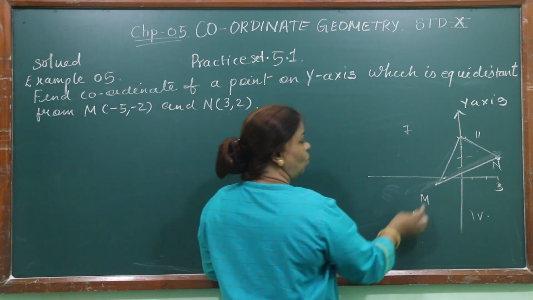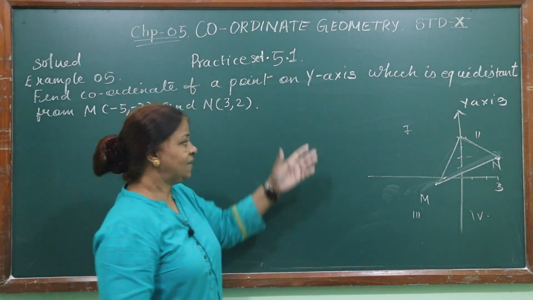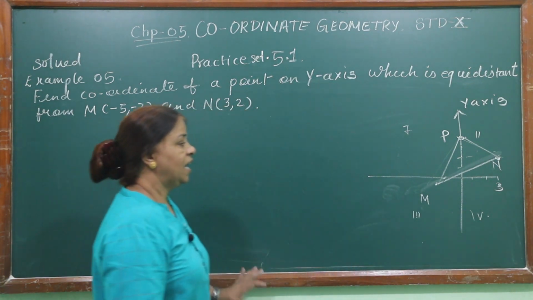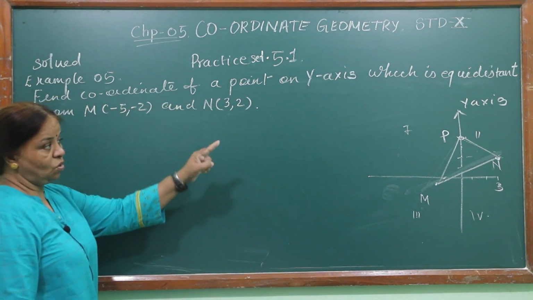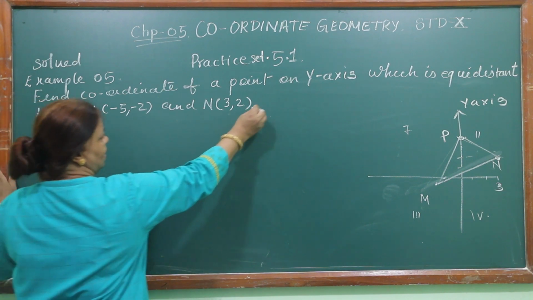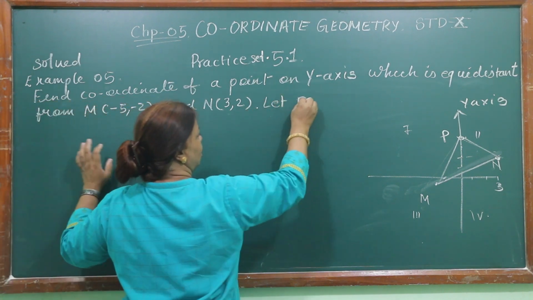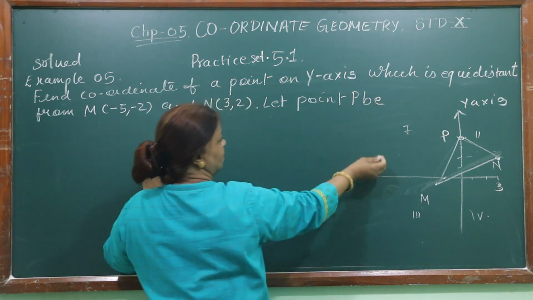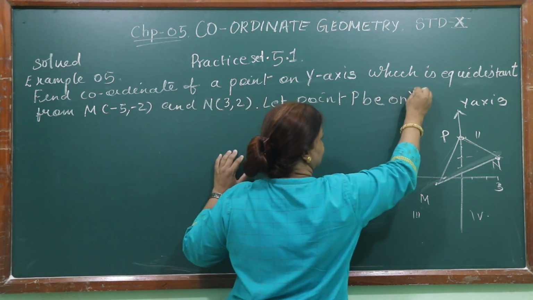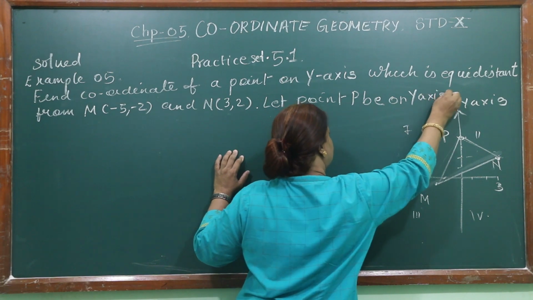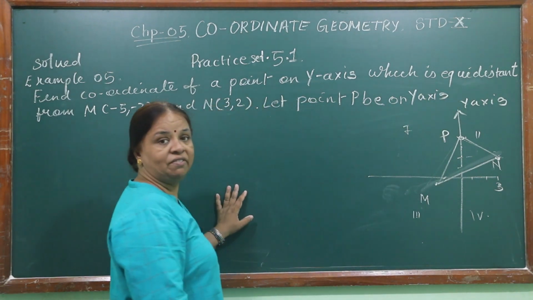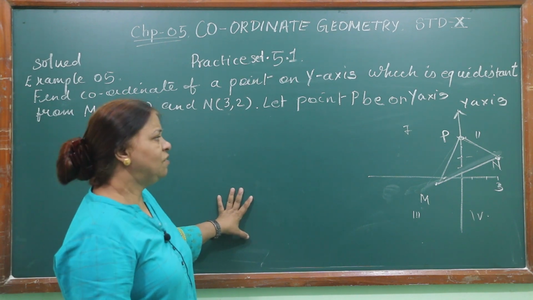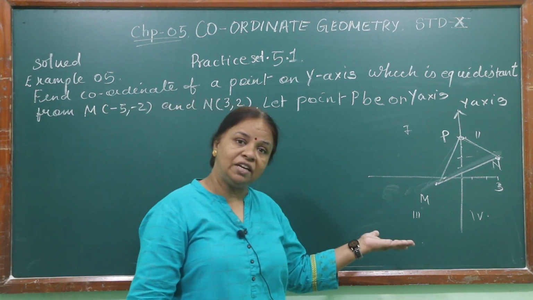Okay. So let us say that the point P is on y-axis. Let point P be on y-axis. So if point P is on y-axis, its x coordinate will be 0, children, and if the point is on x-axis, its y coordinate will be 0.